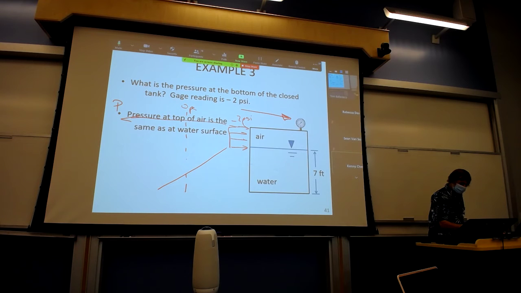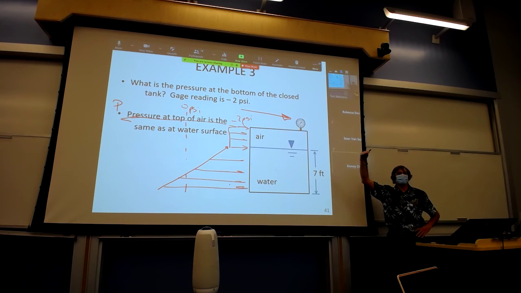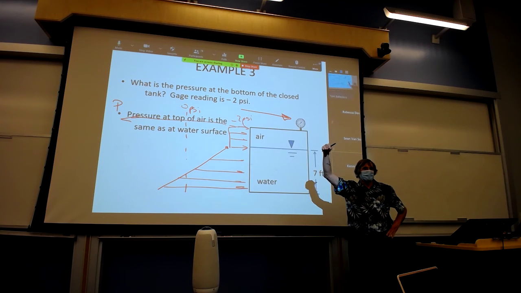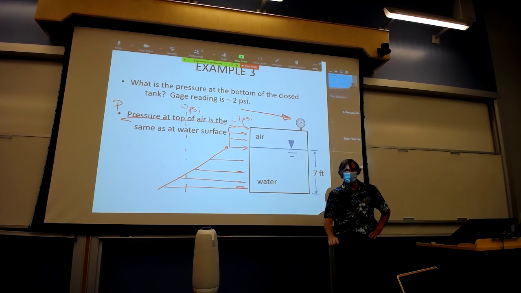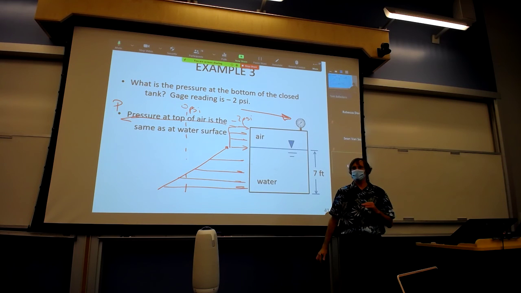So 0 psi is here. So we would start at the surface of the water at -2 psi, and then as we move into the fluid, the water in this case, we're getting higher and higher pressures. Somewhere between the top of the fluid, where you have -2 psi, and the bottom, you probably have a 0 pressure somewhere.